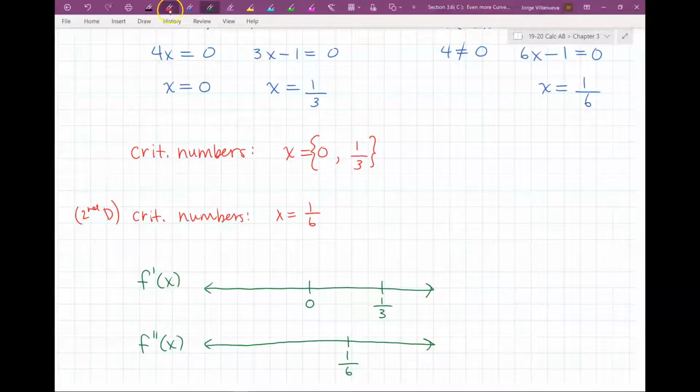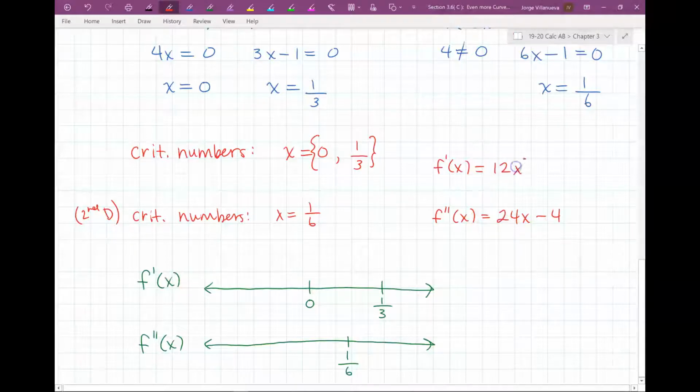Okay, I'm going to rewrite my first and second derivative here. F prime of x and f double prime of x. If I'm correct, this was 24x minus 4, which makes this 12x squared minus 4x. Is that right? Okay, so I got them right there. Those are my first and second derivatives.